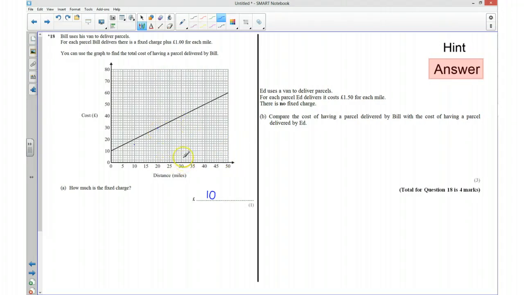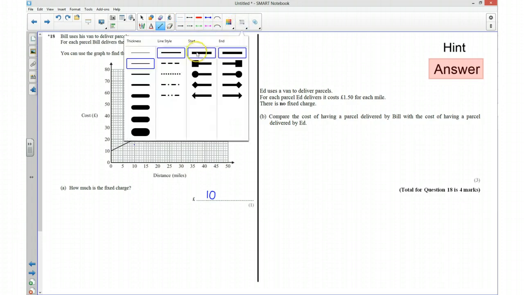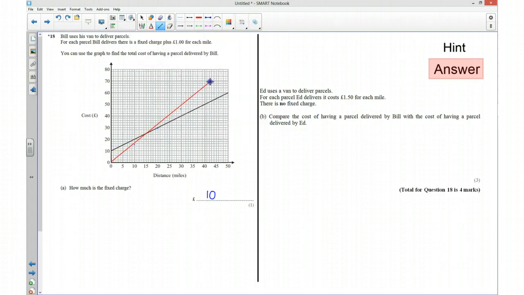So for 30 miles it's going to be £45, that's 40, 45 there, and then I've got enough points there to draw my line in. Right, so starting over here, we're going to have a line that goes through all of those points. May have messed it up a little bit. There we go. Right, okay, so that's almost done now.